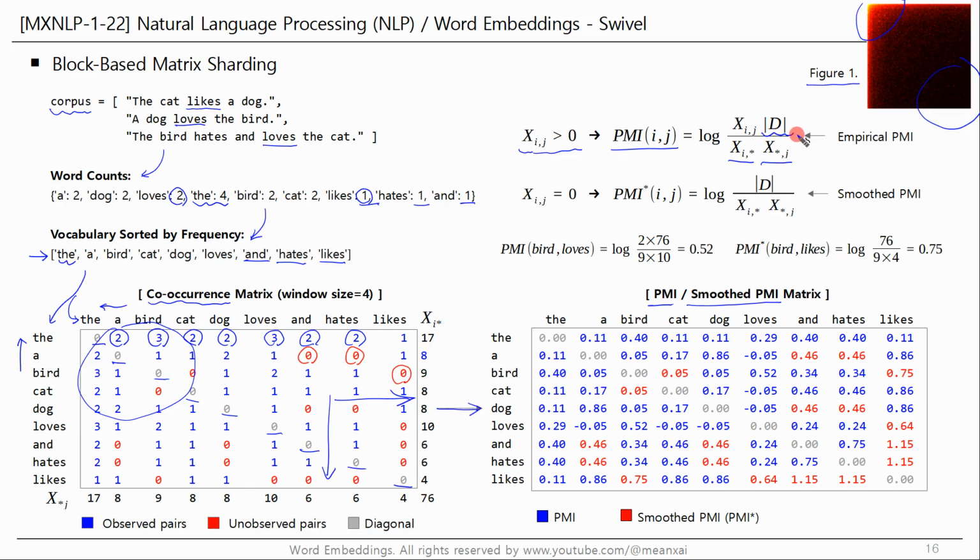And D represents the total count. For this example, the Xi* vector is shown here, and the X*j vector is shown here. The total count D is 76. For unobserved co-occurrences where Xij is 0, we calculate smoothed PMI using this formula. Using these formulas, we get the matrix containing both PMI and smoothed PMI values.